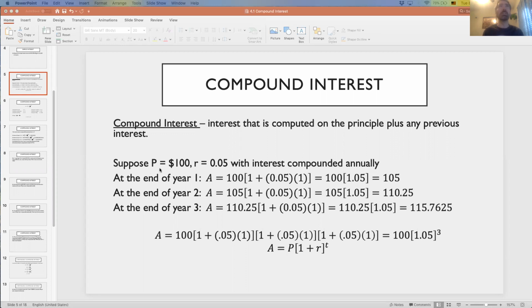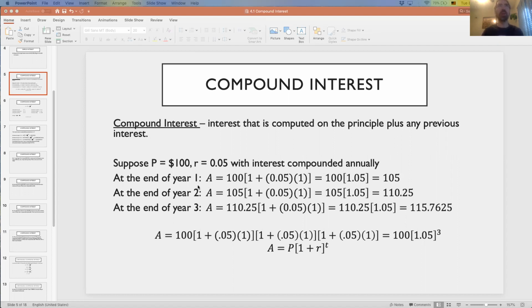Let's suppose that we invest $100, to make it easy, with a 5% interest rate, and let's say that this interest is compounded annually. What that means is that the bank will deposit whatever interest we earned each year. So at the end of year one, they're going to deposit some money. Then at the end of year two, they'll deposit more interest, and at the end of every year, right, it's compounded annually.